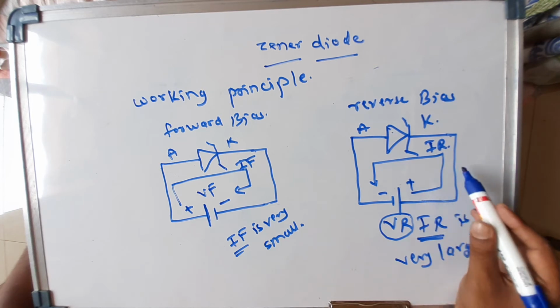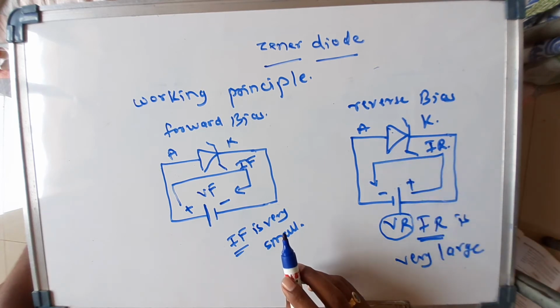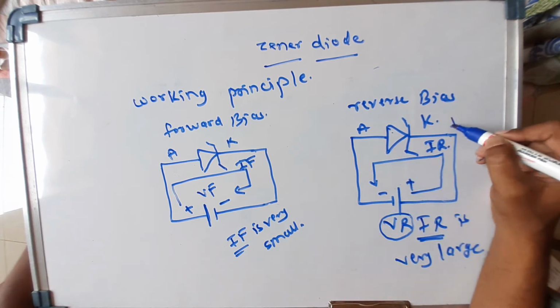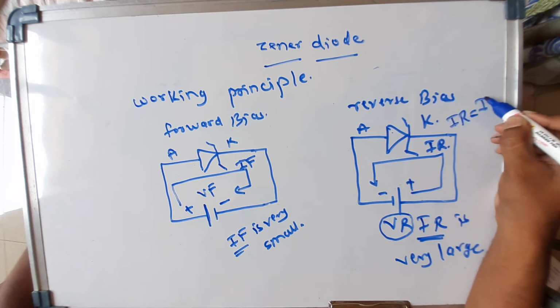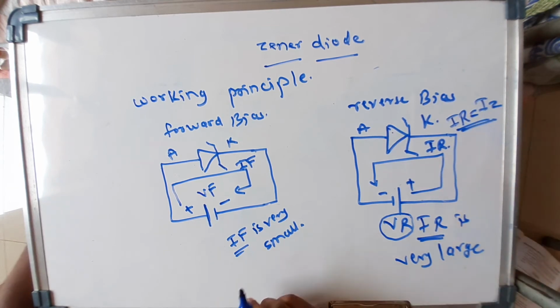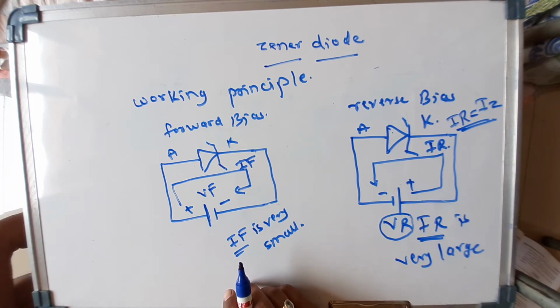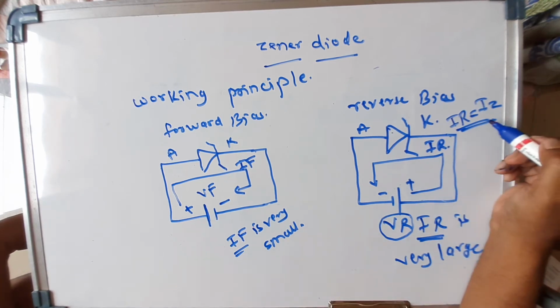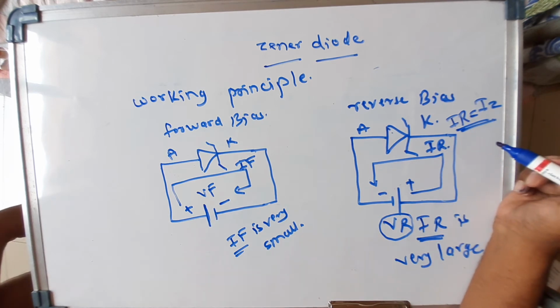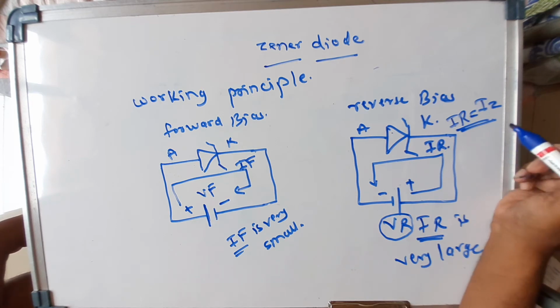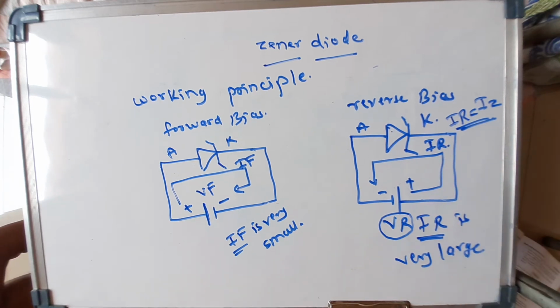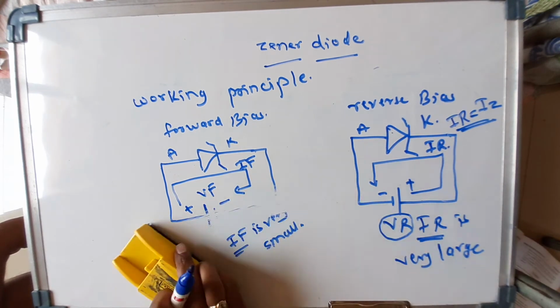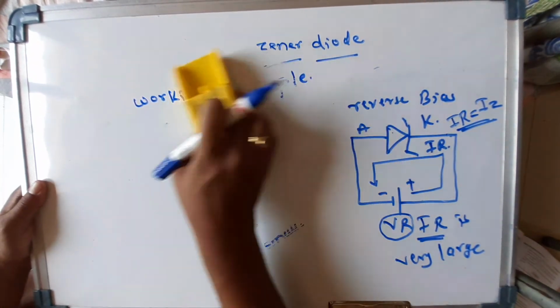So by using this one, the large amount of reverse current or Zener current IR, that must be equal to Zener current, that current will be produced. Okay. So after producing the currents, some sort of reverse voltage will be developed, and that reverse voltage is called as a breakdown voltage or a Zener voltage. Okay. So here this is a working principle in forward bias and reverse bias.